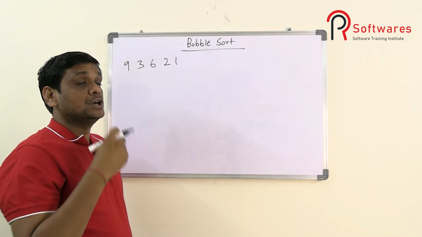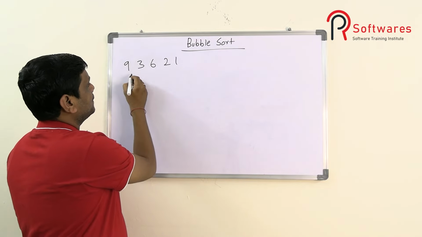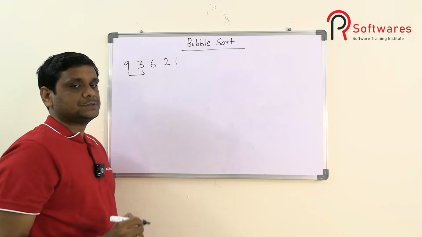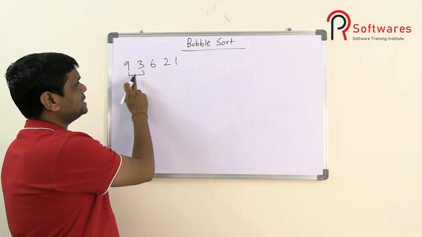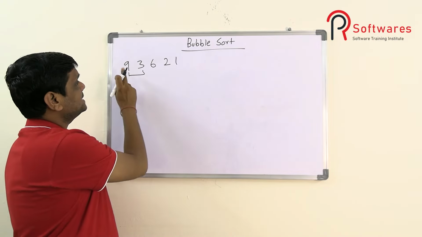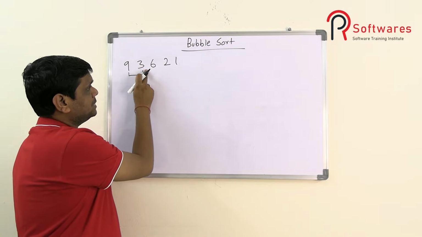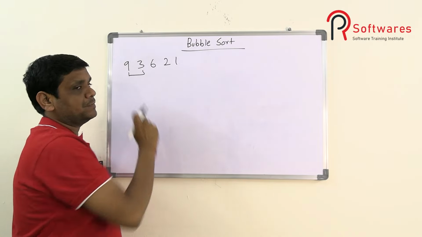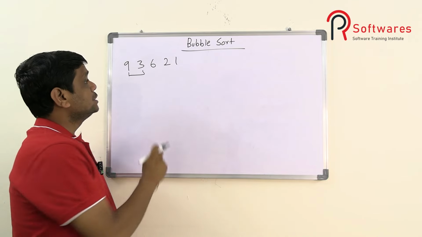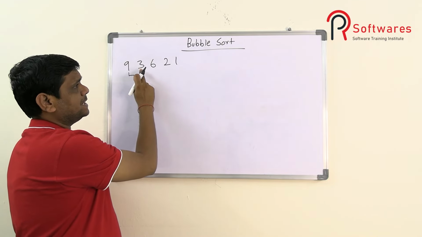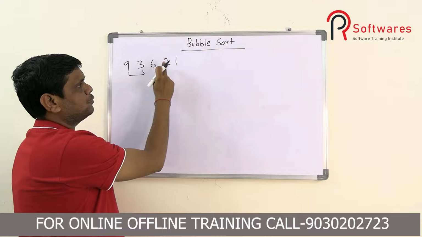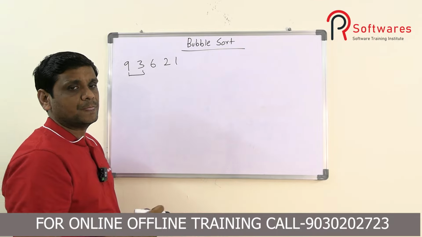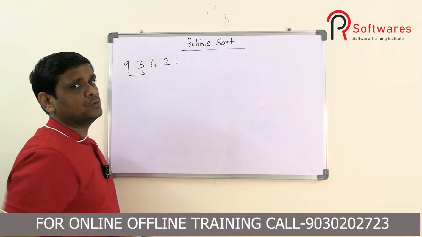How can we shift it? The bubble sort algorithm says first you should compare two values. If the first value is bigger than the second one, then you have to swap them. So you swap first with second, then second with third, then third with fourth, fourth with fifth, like this. Whichever is the biggest value will go to the end.